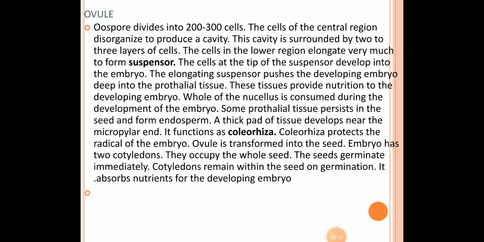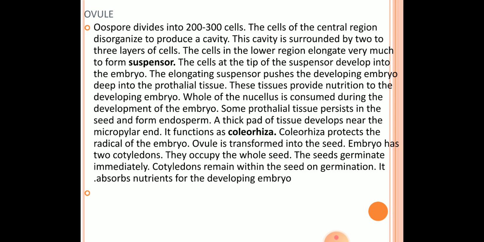Usually cycas, in the case of gymnosperms, produces the largest ovule in the plant kingdom. The male plant produces the microsporophyll, and the female plant produces the megasporophyll. Megasporophyll produces the spores, and microsporophyll produces the sperms, which you can also call pollen grains.